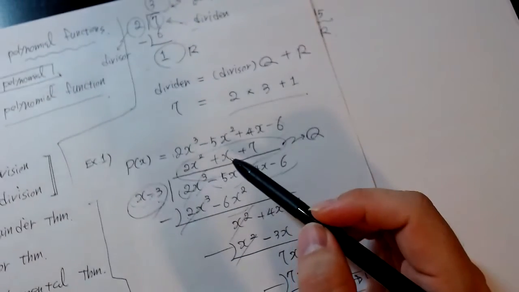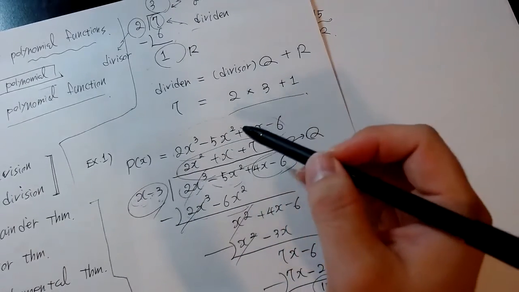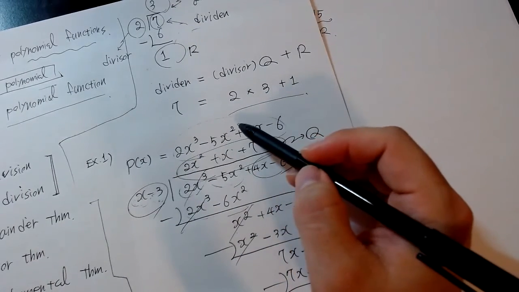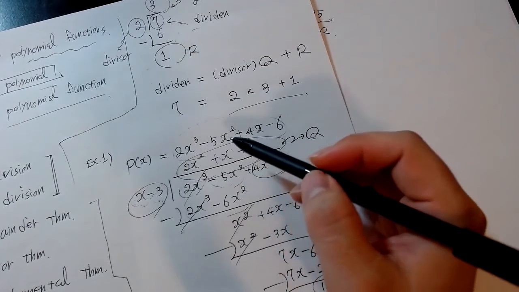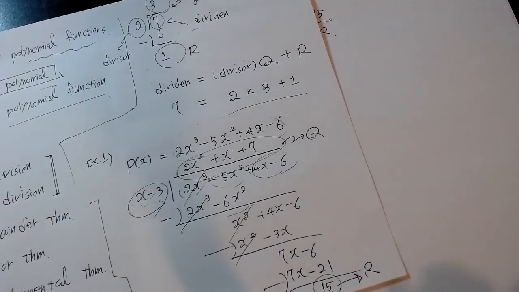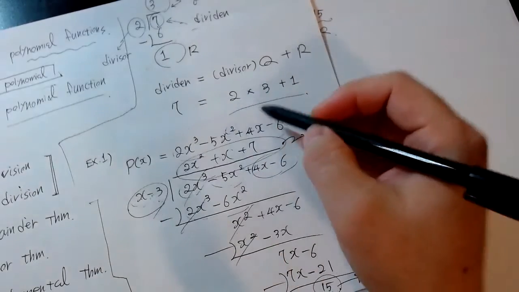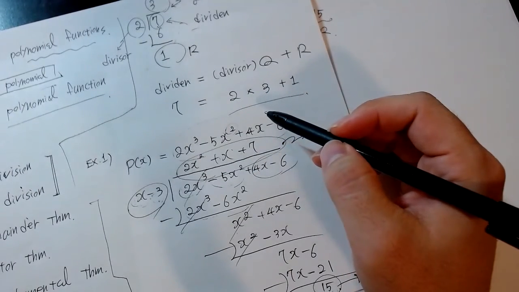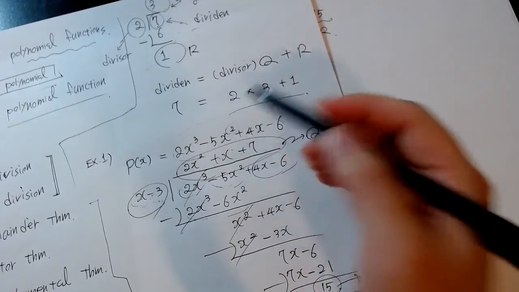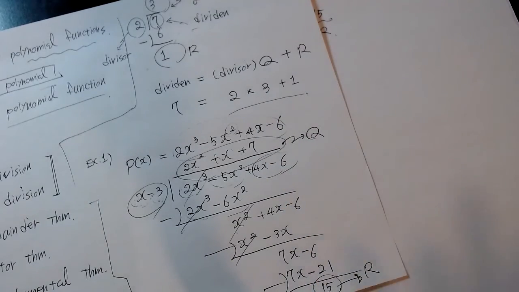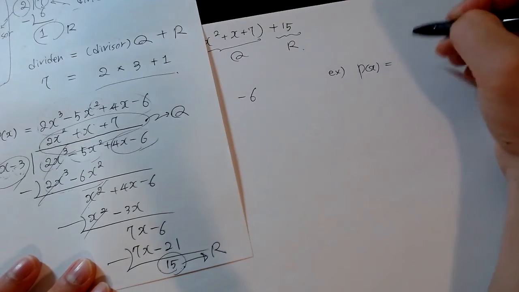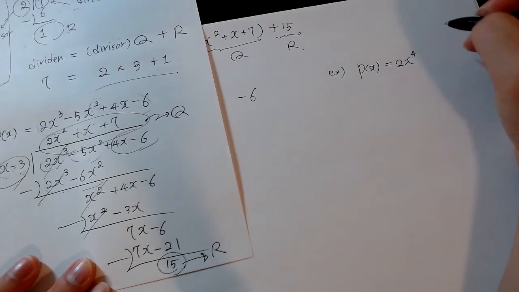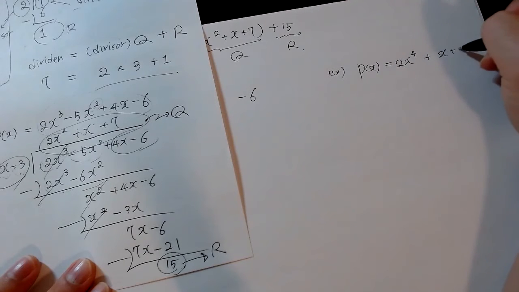But what if the polynomial doesn't have a squared term? In that case, you have to put 0, even if the term whose degree is between two consecutive powers is missing. For example, say p of x is 2x to the fourth power plus x plus 1.